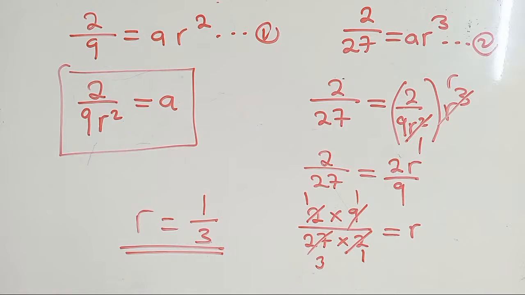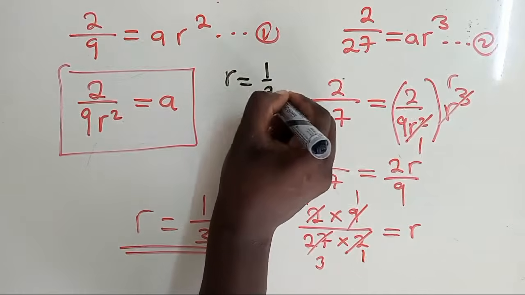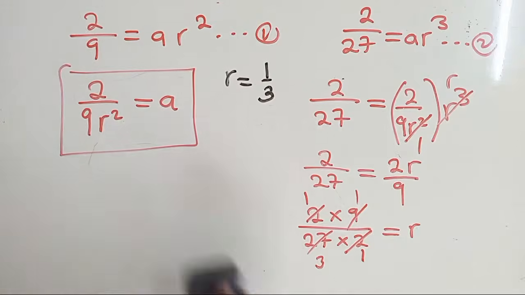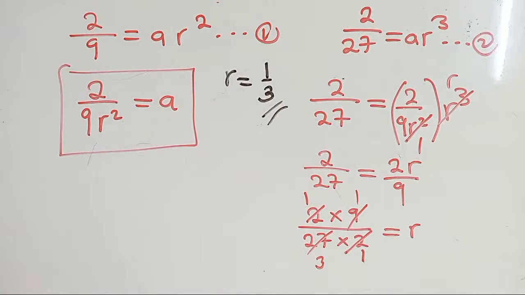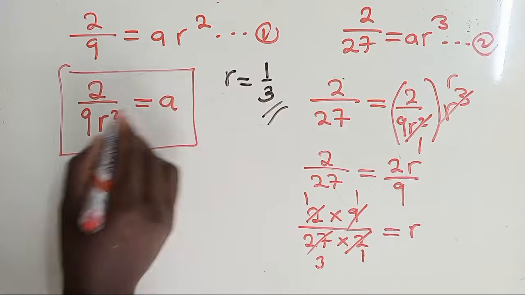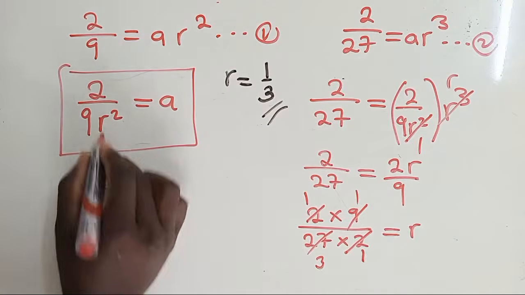So now, after finding this r as your solution, let me write it here. r is equal to 1 over 3. We have found our r. Our next job will be to find our a. So how do we find the a? To find the a, you just get this right here and you substitute where r is here.